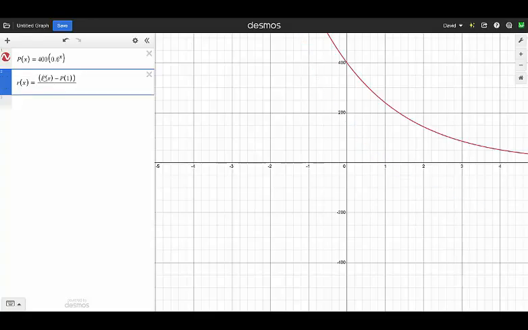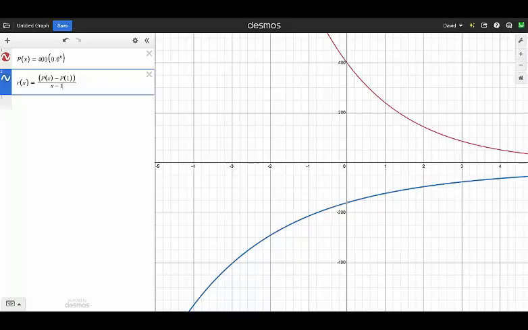We're going to divide that all by X minus 1. So that is our equation for our average rate of change between 1 and some other number on this graph that's X. So this blue graph represents the average rate of change between 1 and some other number here, X.